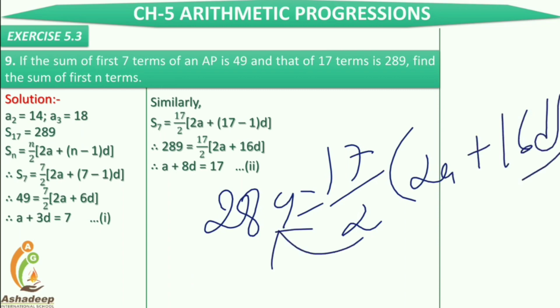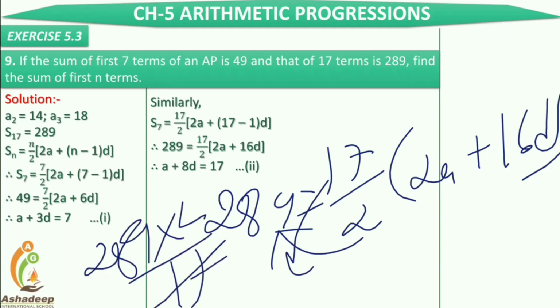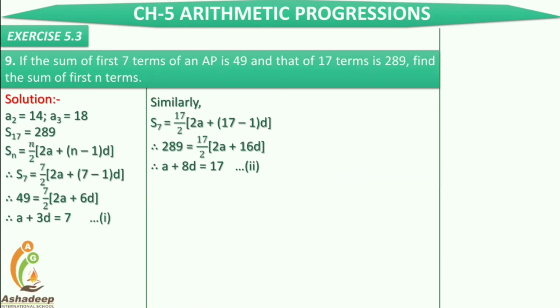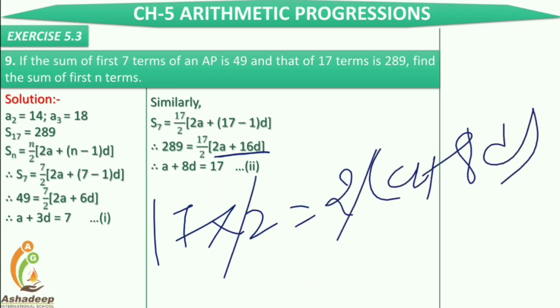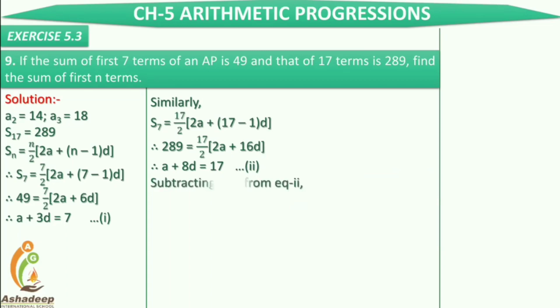Now this 2 goes into the numerator, 17 comes into the denominator. So 289 multiplied by 2 by 17. This is 17, 17 2s are 34, but don't do that. 17 multiplied by 2 is equal to, out of this 2 is taken out common. So a plus 8d, this 2 and 2 cut. So a plus 8d is equal to 17.